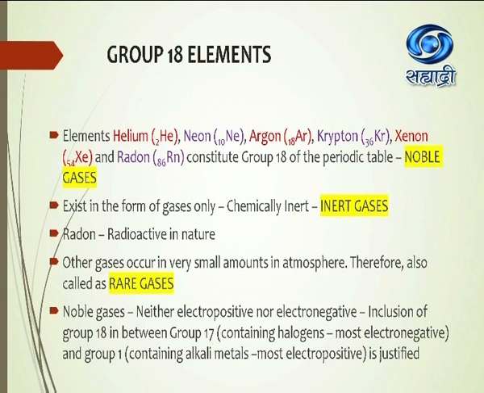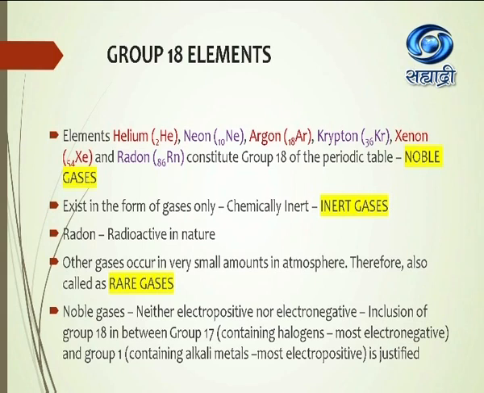And electronegative character is atom of the element gains electrons and forms a negative ion, or they have ability to form covalent bonds. So this is electropositive and electronegative nature.